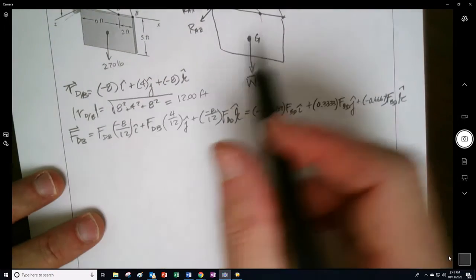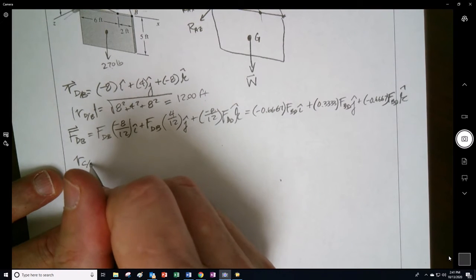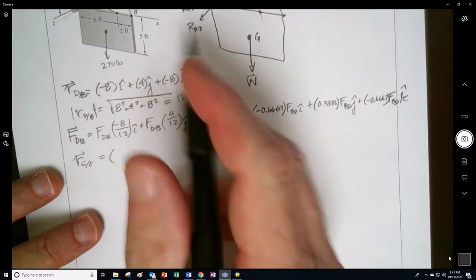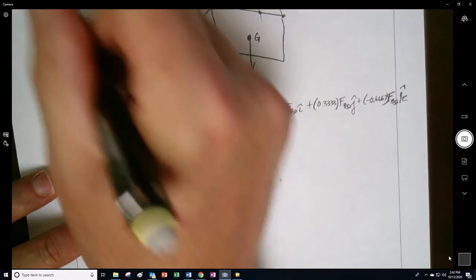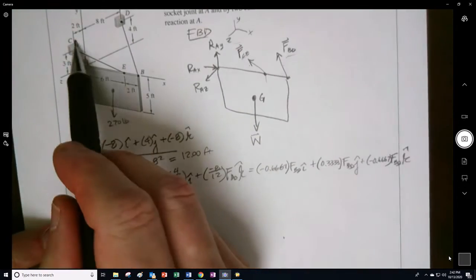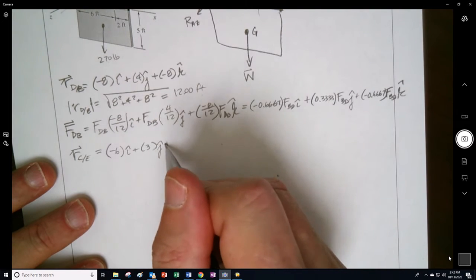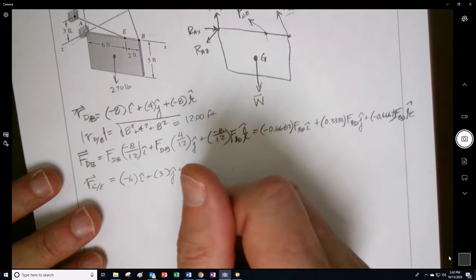And then we have to do a similar thing for CE. So C with respect to E goes negative 6 in the x direction, and goes upwards 3 feet in j, and then positive 2 feet over.